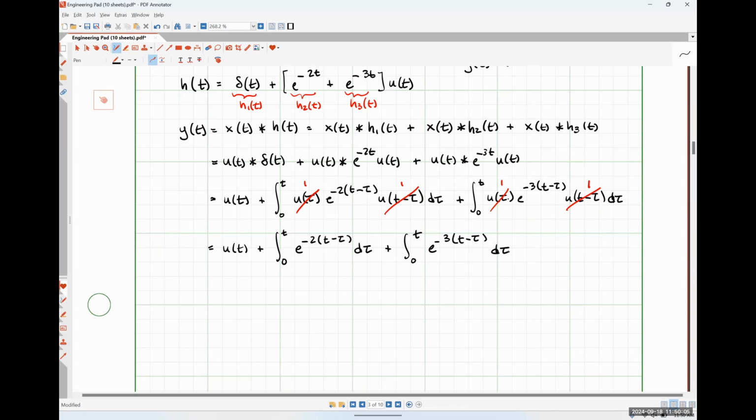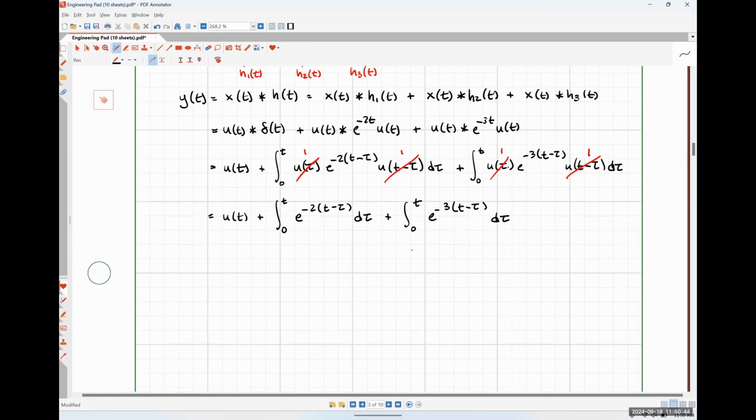I just got rid of all of these ones so things look a little bit cleaner. T is just some constant point in time, right? It just represents where I'm stopping my integration. So I could split these exponentials up into e to the -3t times e to the +3 tau, and I could do something similar for the other one. Because I'm integrating with respect to tau, the t terms can come outside.